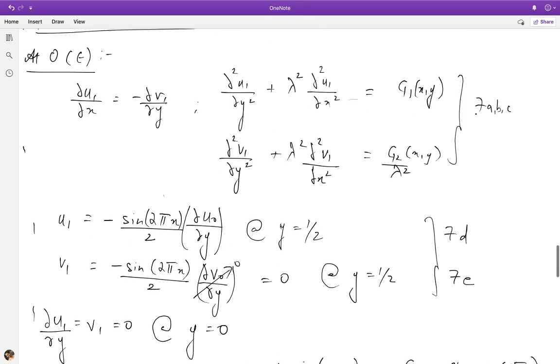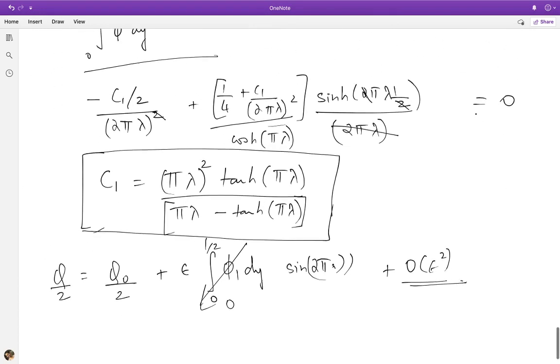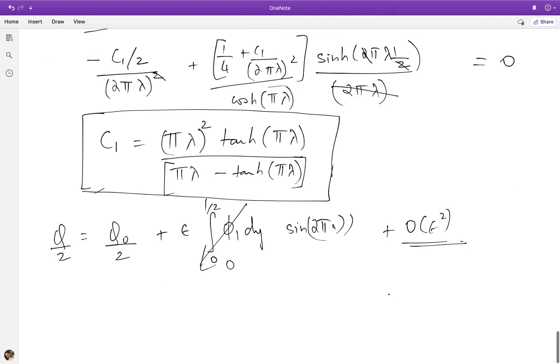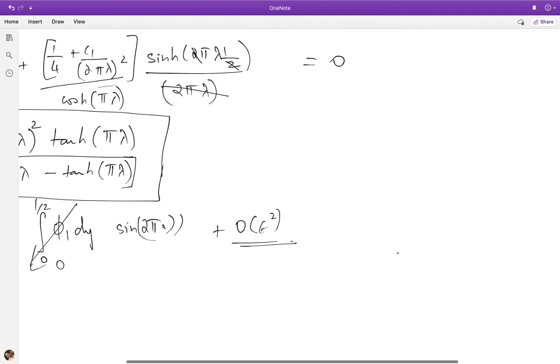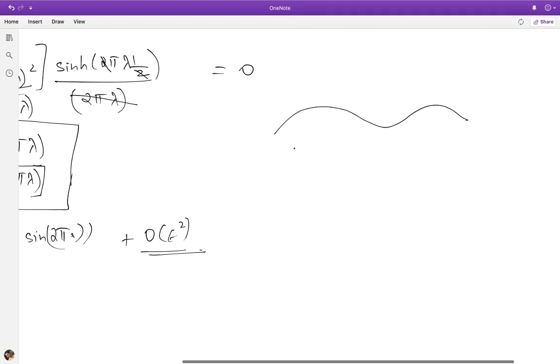So you can go ahead and calculate the entire solution to first order, and you can even plot the streamlines. What you will see, unsurprisingly, is what we had anticipated if you zoomed in near the wall: the streamlines will follow the wall.